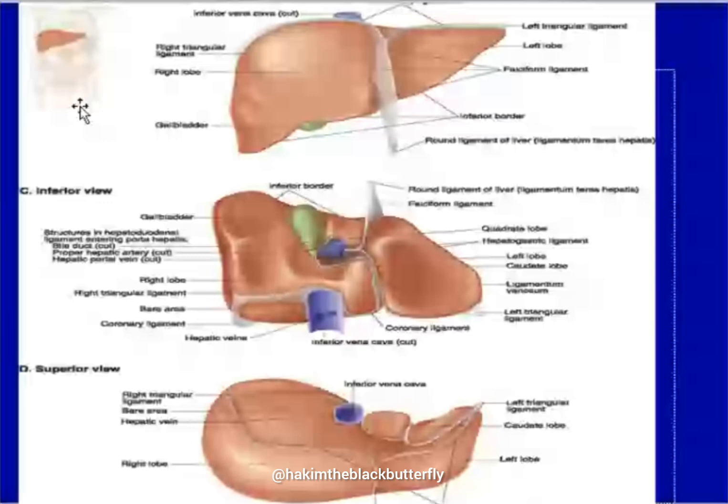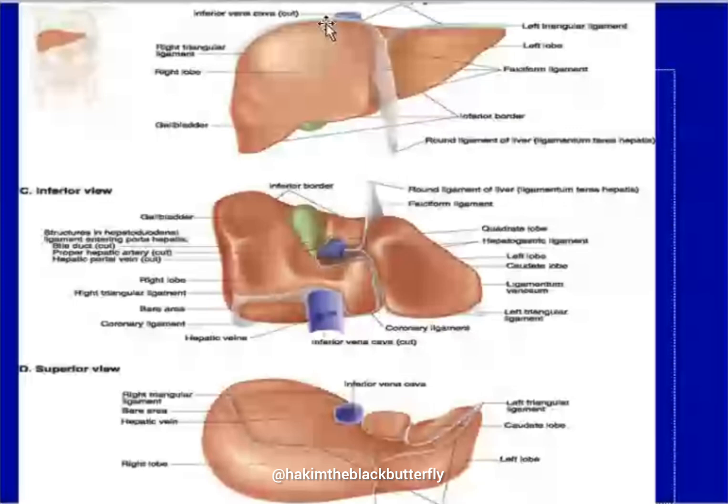So these are what we call the left coronary ligament and right coronary ligament, which are a result of the bifurcation of the falciform ligament towards the superior surface of the liver. And these coronary ligaments move up to the extreme left and extreme right as they attach the liver onto the undersurface of the thoracic diaphragm.